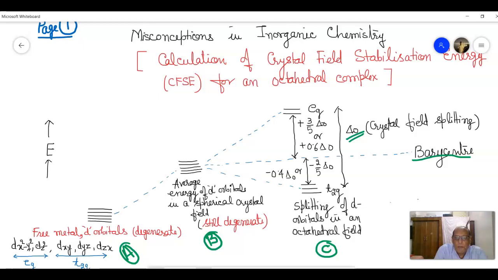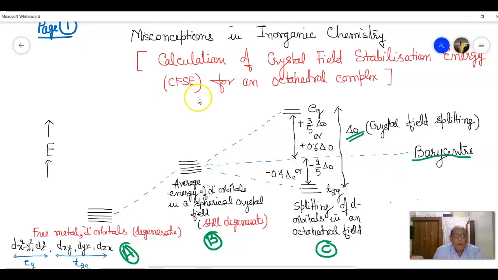On the other hand, if you put the electron in an Eg orbital, then the energy equivalent to 0.6 delta O is absorbed. So we have to fill up these orbitals by the number of electrons which were originally present with the metal ion in accordance with Hund's maximum multiplicity principle, also obeying Pauli's exclusion principle.